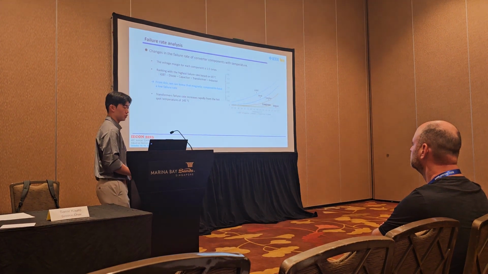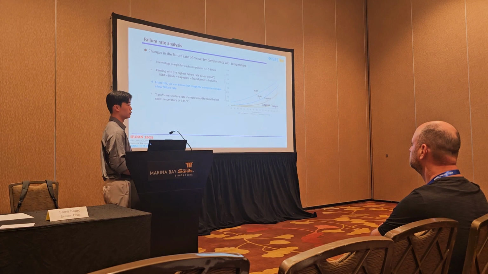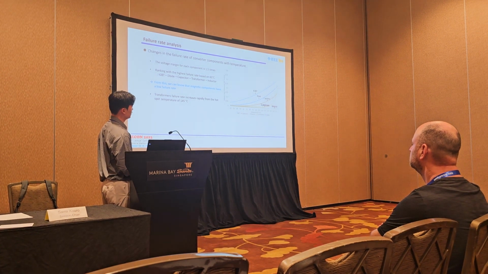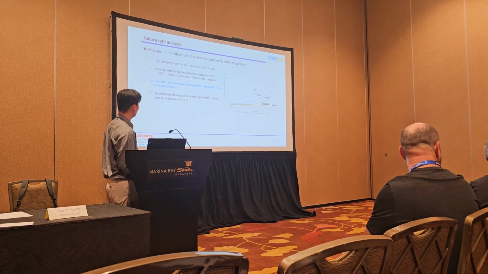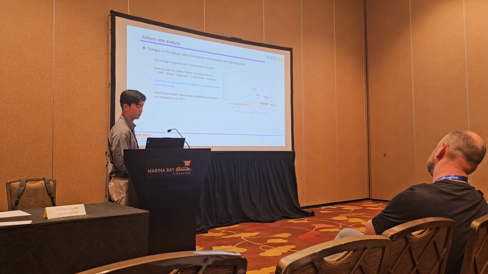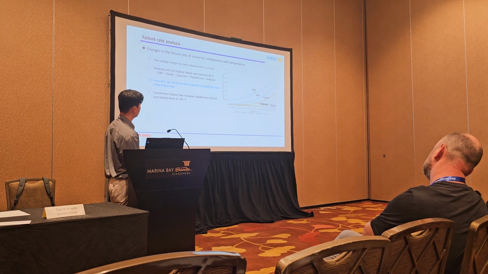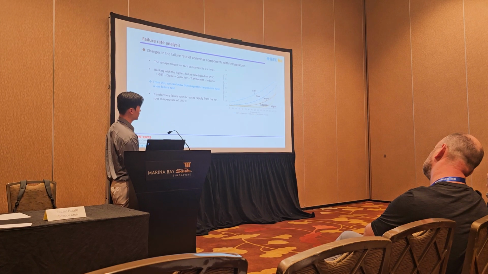From this, we can see that magnetic components, such as transformer and inductor, have a lower failure rate. And in the case of the transformer, we found the failure rate increased rapidly from the hotspot temperature of 145 degrees.